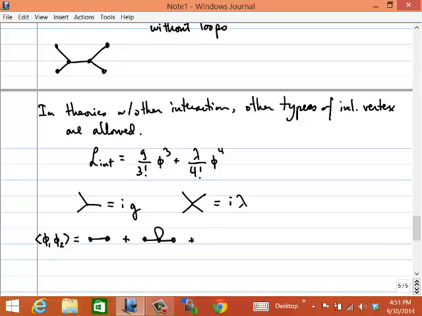And then at quadratic order, well, there's all sorts of stuff. And so as you add more and more interactions, the types of diagrams that you get can become more and more complicated.